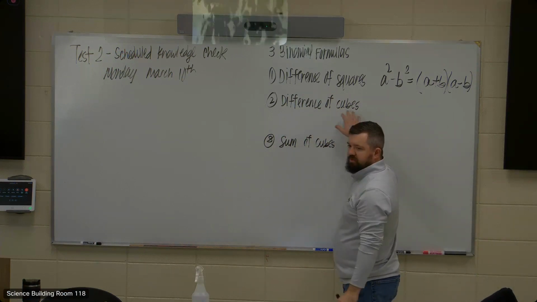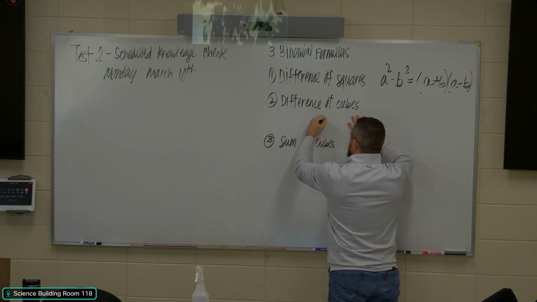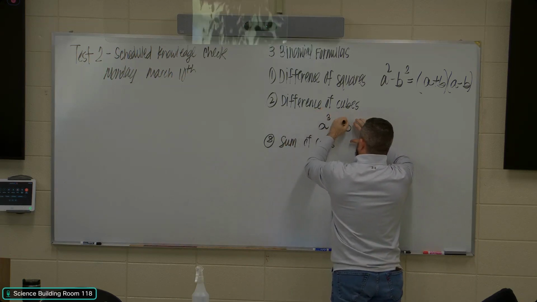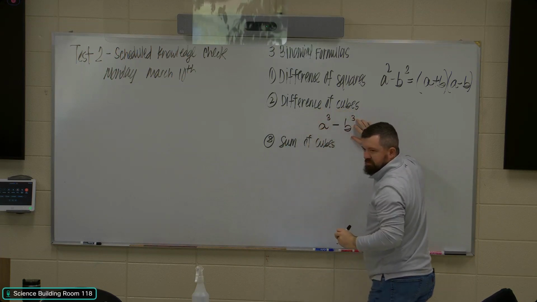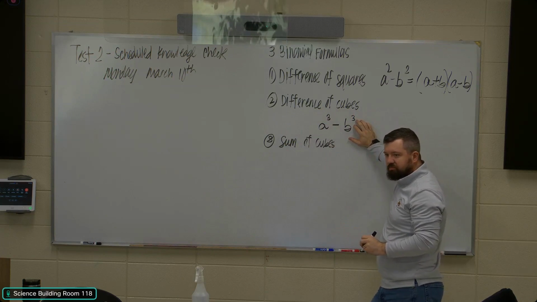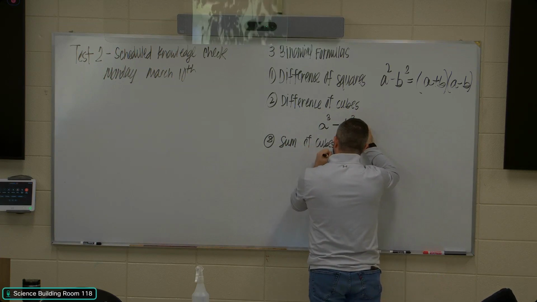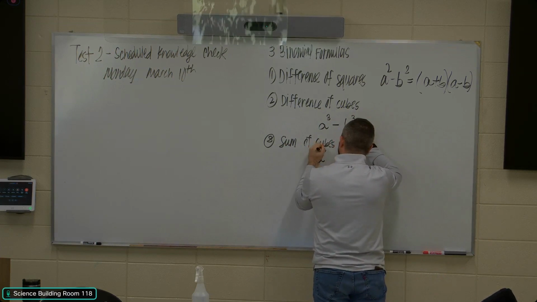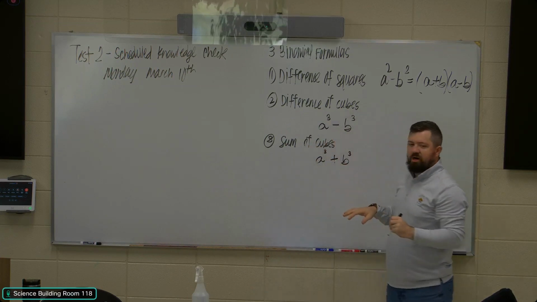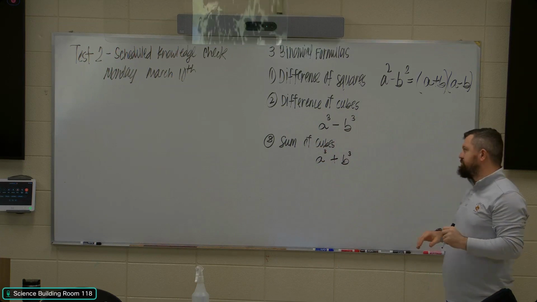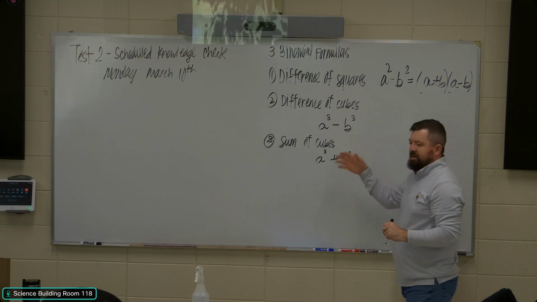So a difference of cubes starts off with a cube and a cube, two cubes that are subtracted. That's the way it starts off. And a sum of cubes is two cubes that are added.